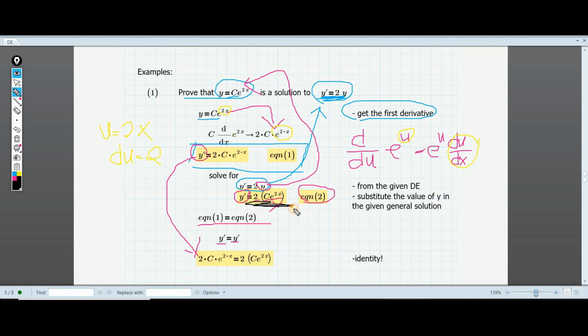Itong value na ito, ito siya. And we can clearly say na identity. So, identical sila. Ibig sabihin the same. Ibig sabihin, this equation up here is really the solution of this differential equation.